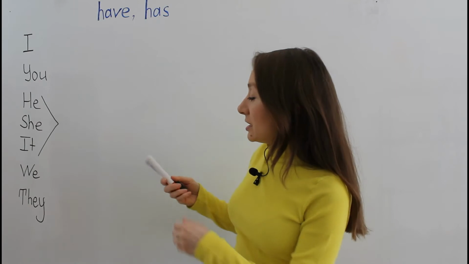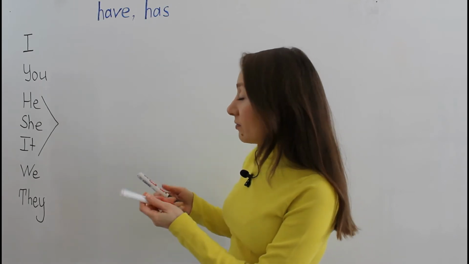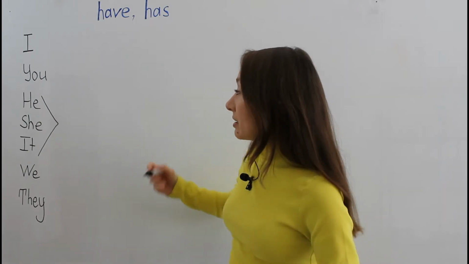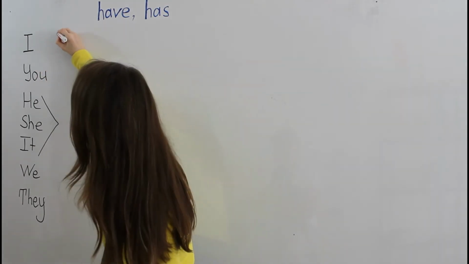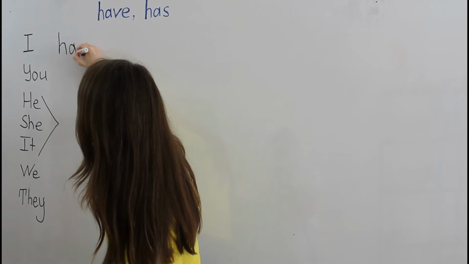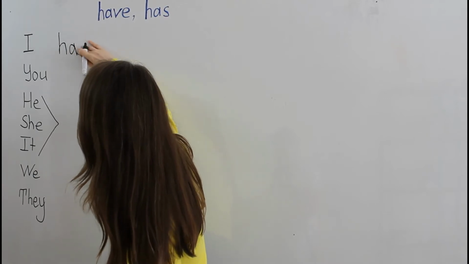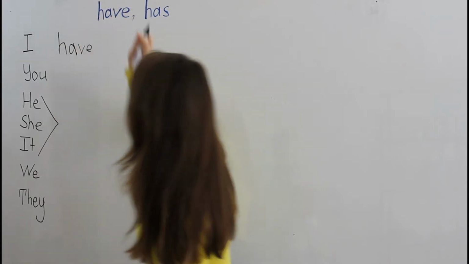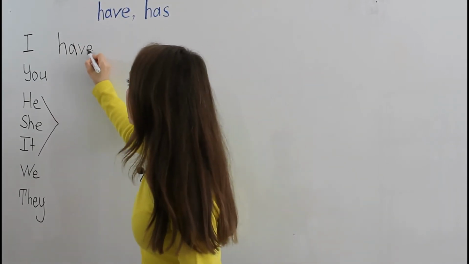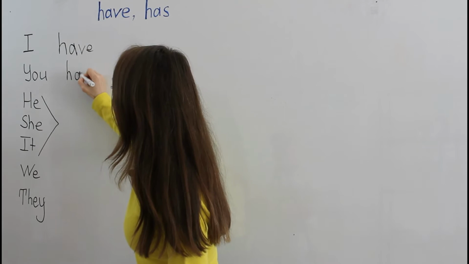So let's continue. If you want to make a sentence with the verb have, you just write this verb after the pronoun. So I have. I have. So next, you have.